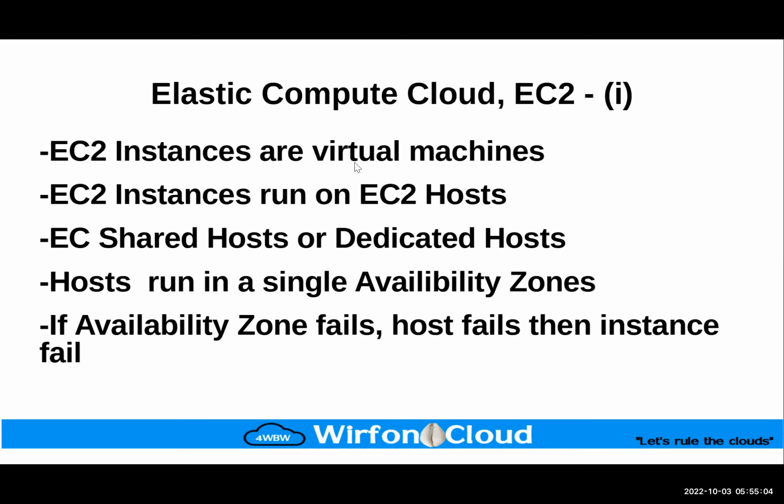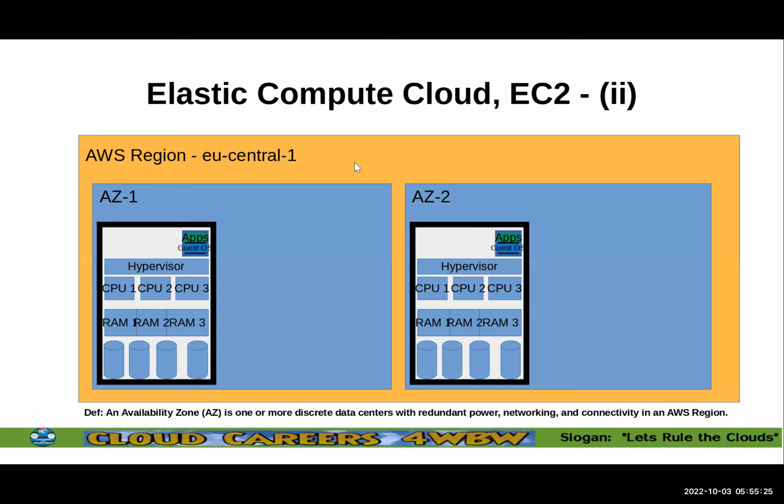But of course, as you get to architecture, you will have to take care of not having your EC2 fail by, let's say, running it in more than one availability zone. So again, you have an AWS region, which we mentioned last week, and in a region, you have availability zones, AZ1 and AZ2.